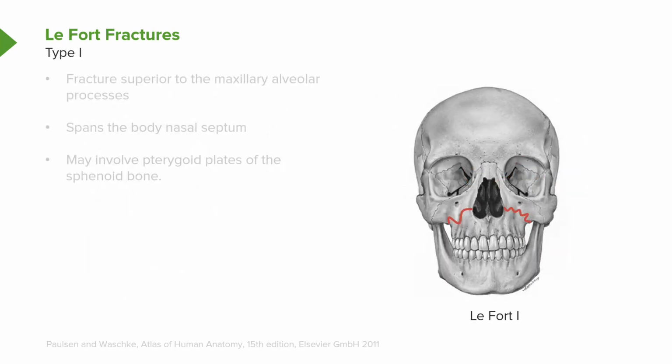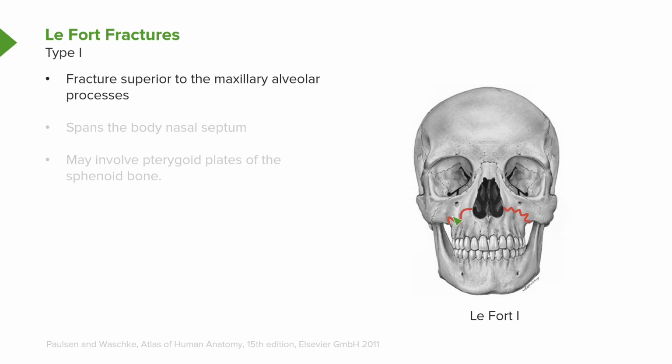If we look at these individually, we'll begin with type 1. You can see where the red line is, and this would represent the line of fracture in the midface. Some considerations to keep in mind is that this fracture does lie superior to the maxillary alveolar processes.